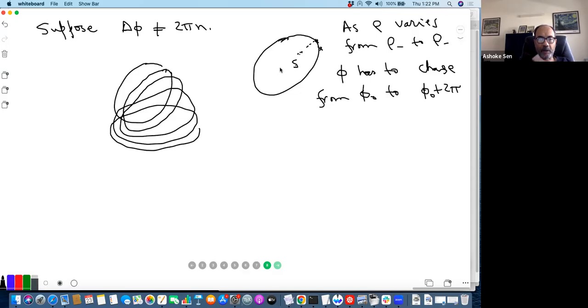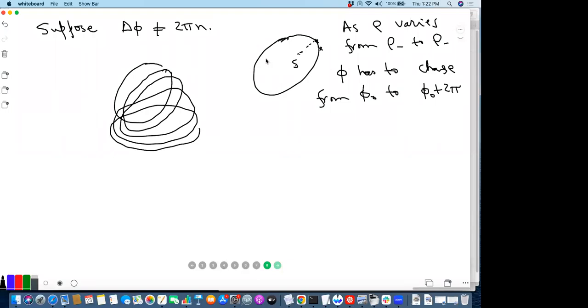In the Newtonian case, from our experience with the central force problem, we know that delta phi is 2 pi, because the orbits are periodic, they are ellipses. Yeah, it seems that it's not necessary for it to be 2 pi n. 2 pi times some rational number would do, or some fraction.